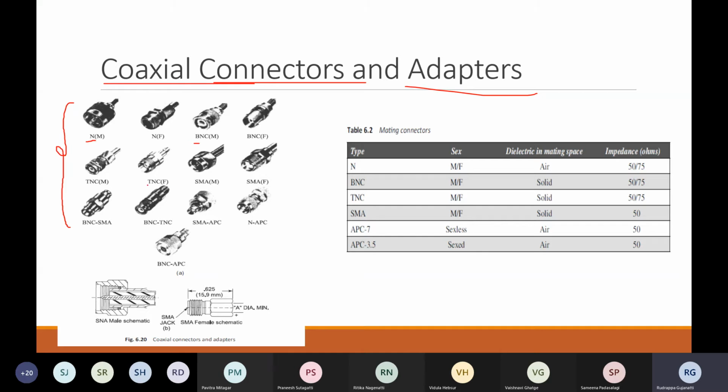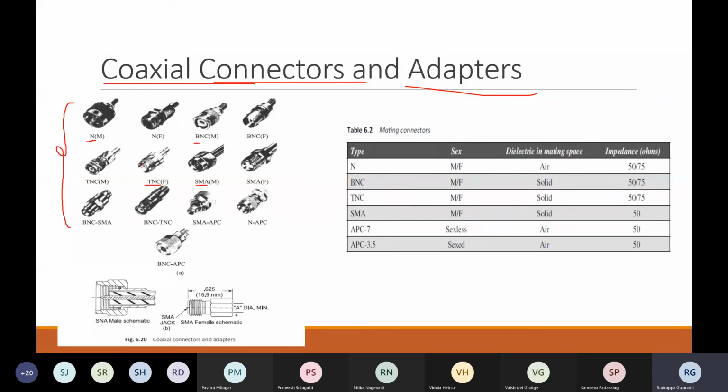Then we have TNC, which is the threaded Navy connector. Then we have SMA, which is the submersive version A type of connector. So these are different kinds of connectors that we can observe here, and they are used for these purposes.